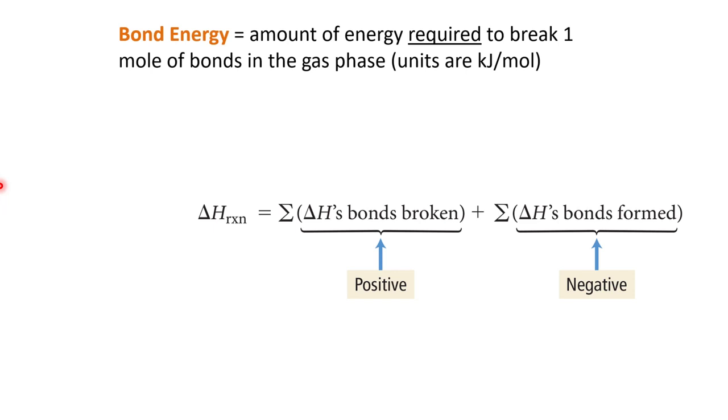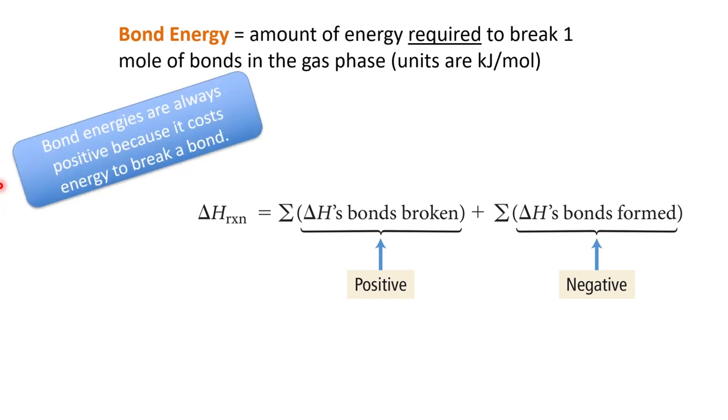So you take a mole of gas and you break all the bonds and calculate how much energy is released overall or absorbed overall. So something to keep in mind is that bond energies are always positive because it costs energy to break a bond, okay?